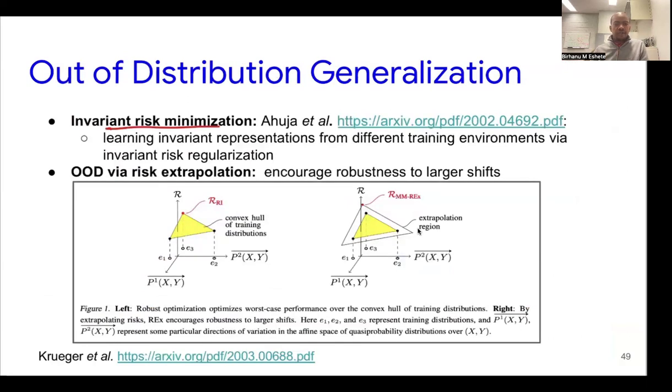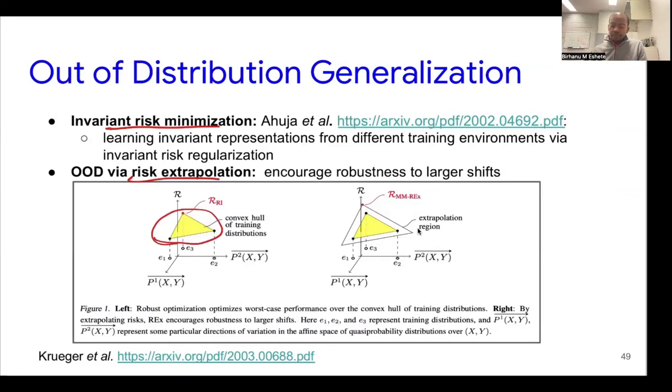For instance, invariant risk minimization, where you want to train the model so that it picks up features or correlations that are invariant to, or insensitive to, perturbations. The other is what we call risk extrapolation. With risk extrapolation, the idea is, for example, over here is the boundary of what the data distribution covers, the yellow triangle here.